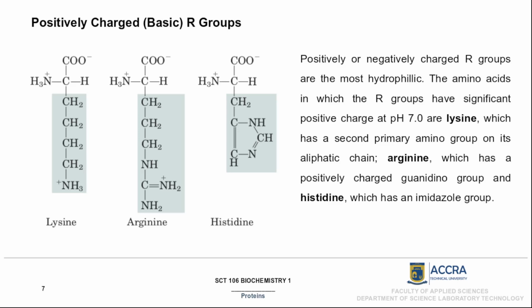The amino acids in which the R groups have significant positive charge at neutral pH are lysine, which has a second primary amino group, and arginine, which has a positively charged guanidino group, and histidine, which has an imidazole group. So you see lysine having a second amino group different from the first amino group which it has on the alpha carbon.